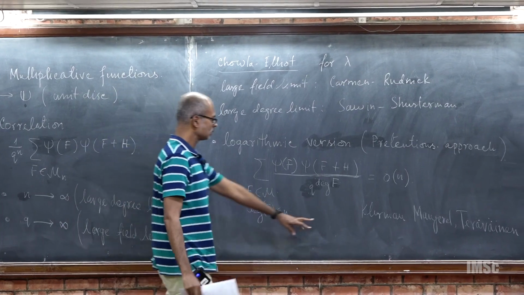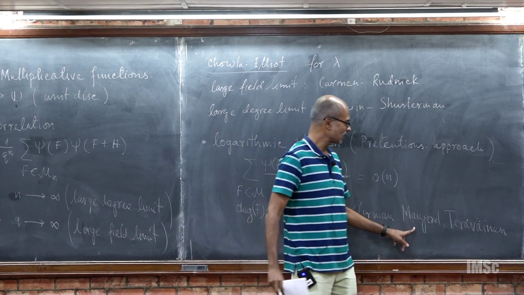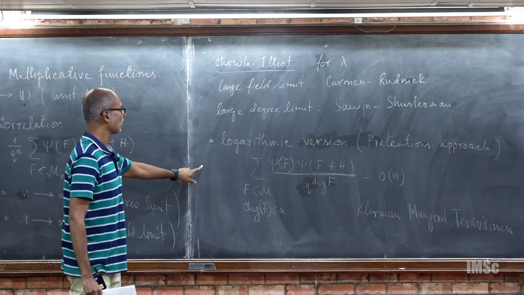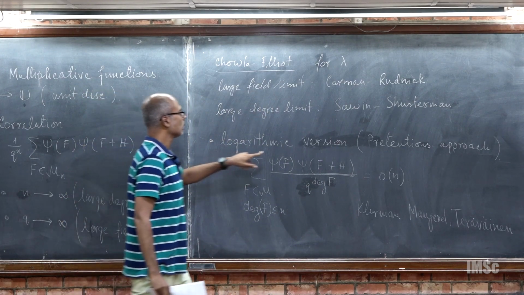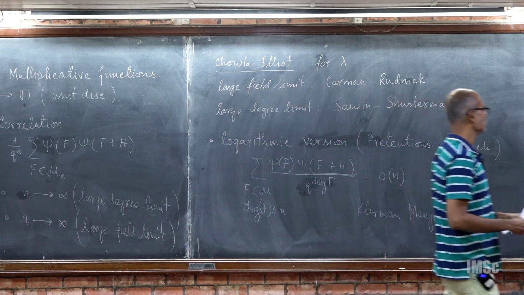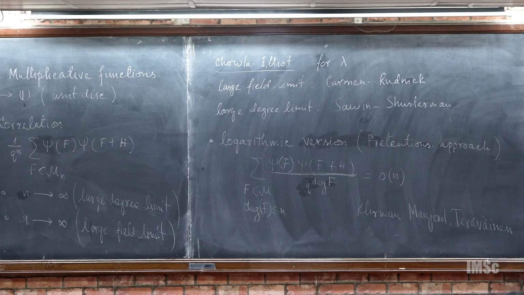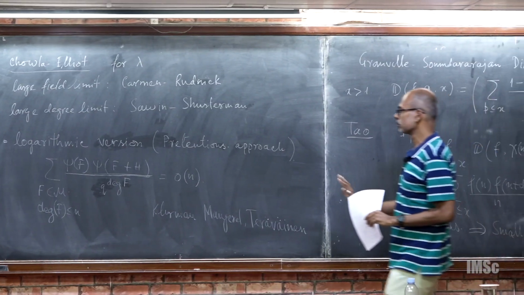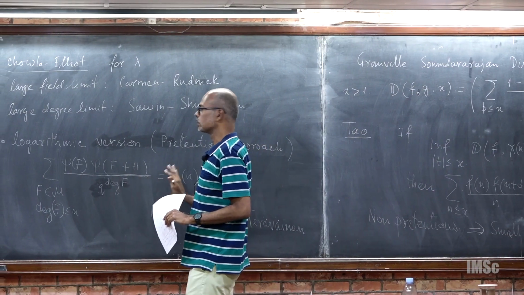These three authors have proved this logarithmic version in the pretentious approach. So it is a result like: if the function is away from the natural obstructions, then this is true.